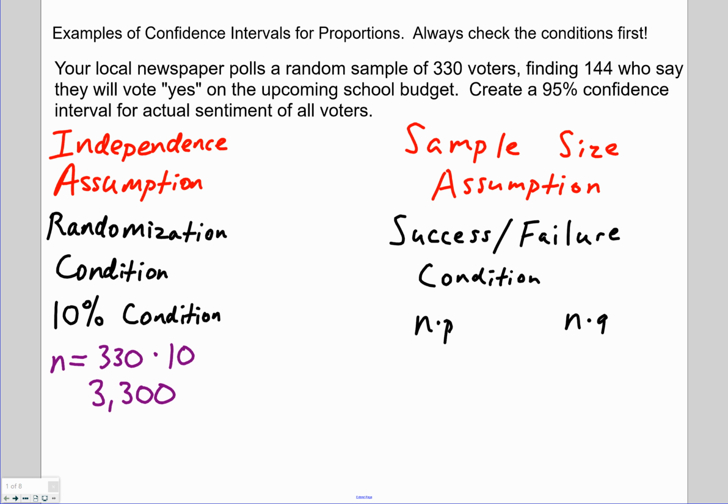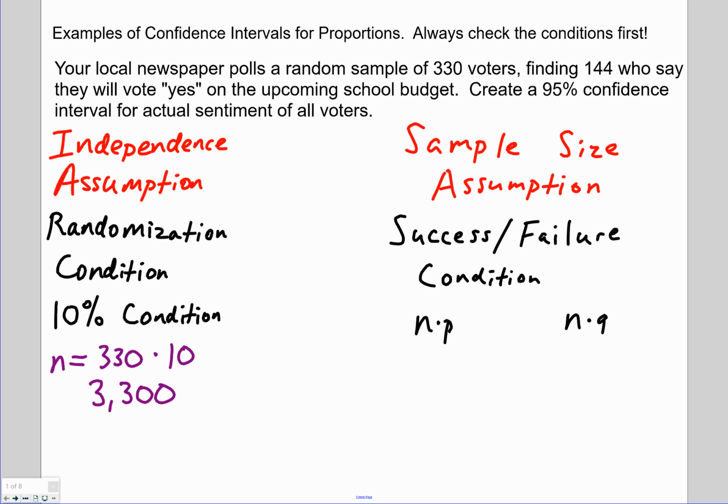Wait, hold up. I know n is 330. What's p? What's the population proportion? That's a confidence level, not our population proportion. The population proportion would be out of all the voters in Houston.